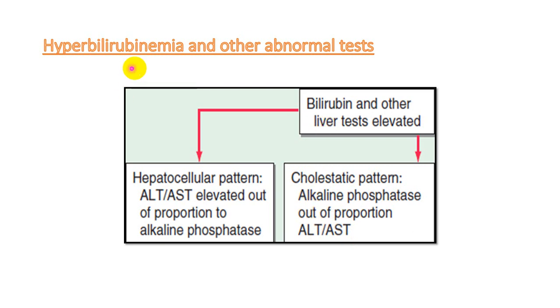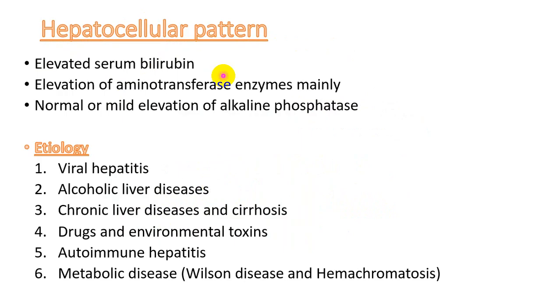So if a patient has elevated bilirubin plus abnormality in other liver function tests, we need to know the pattern. Is it hepatocellular or cholestatic? So a patient with hepatocellular pattern usually has elevated serum bilirubin, highly elevated aminotransferase enzyme, and normal or mildly elevated alkaline phosphatase level. What are the etiologies of hepatocellular pattern?